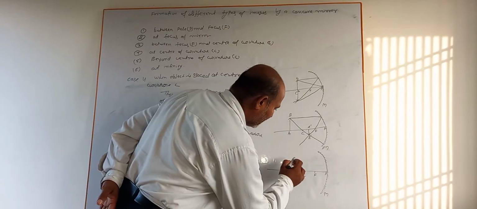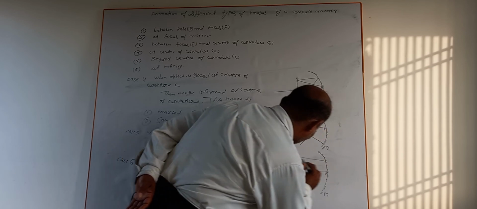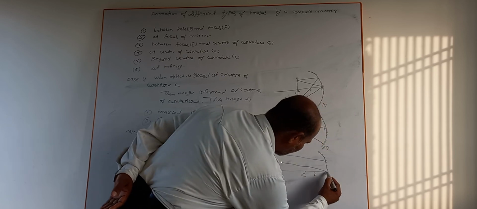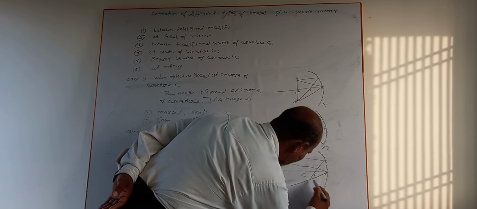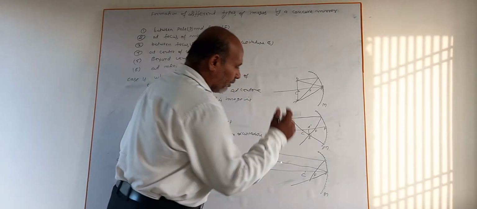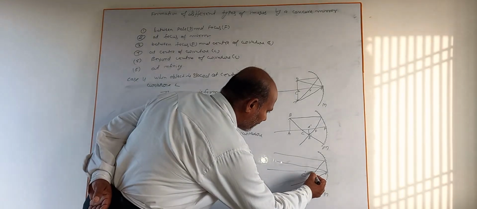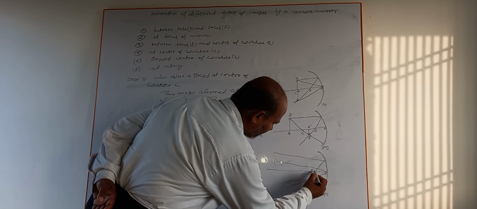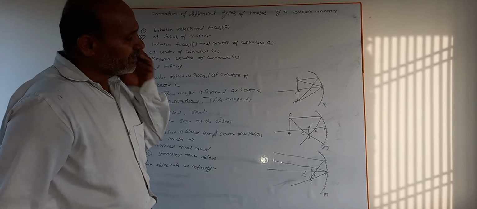When an object is at infinity, then a parallel beam of light is falling on the mirror. In this case, you are observing that when an object is at infinity, then the image is formed at focus of the mirror.